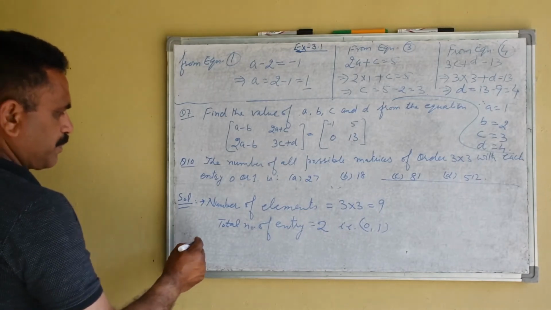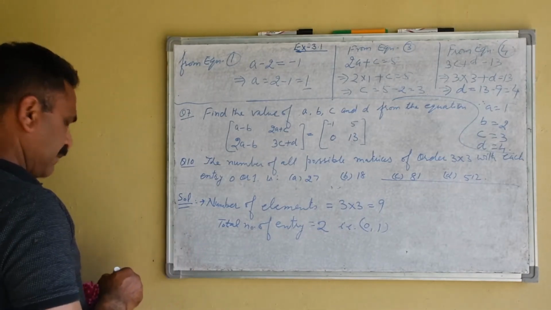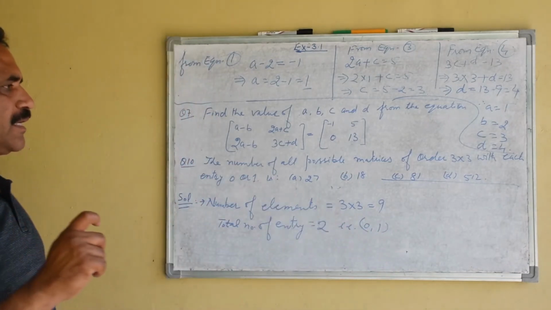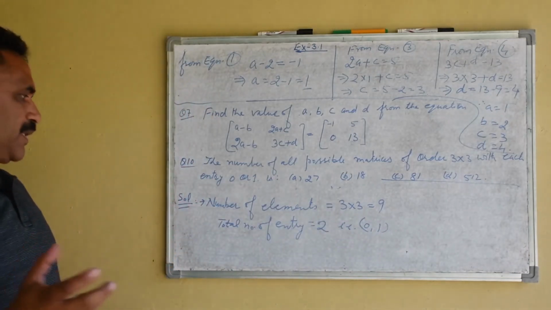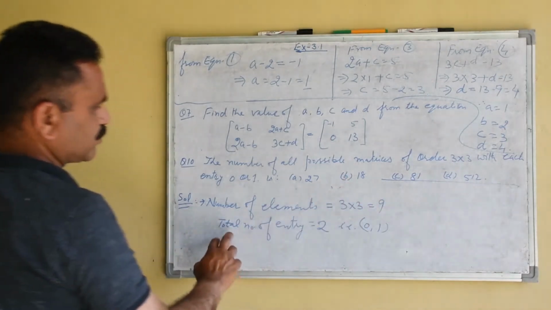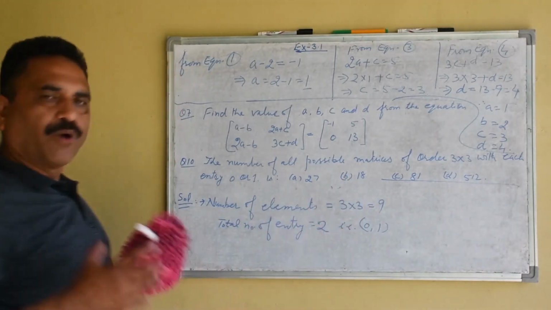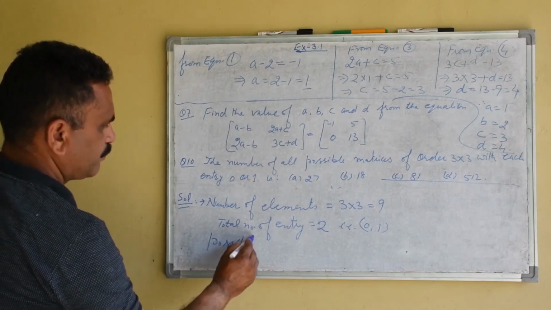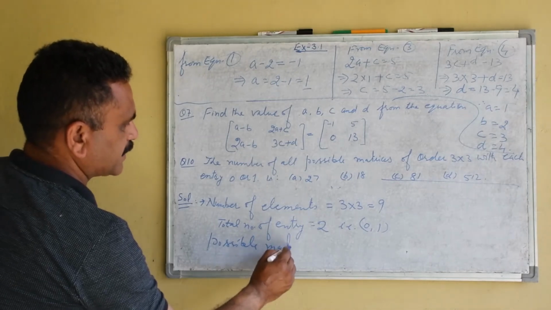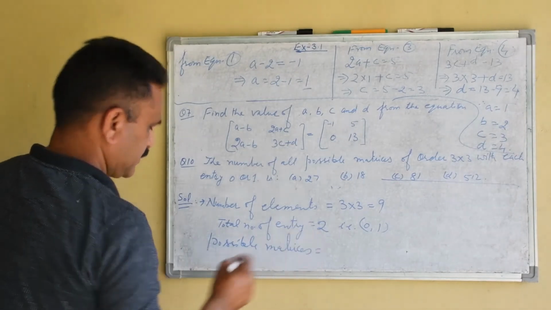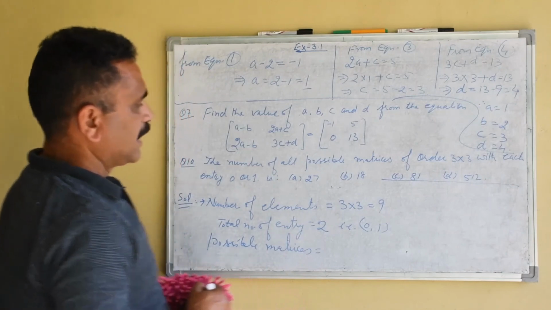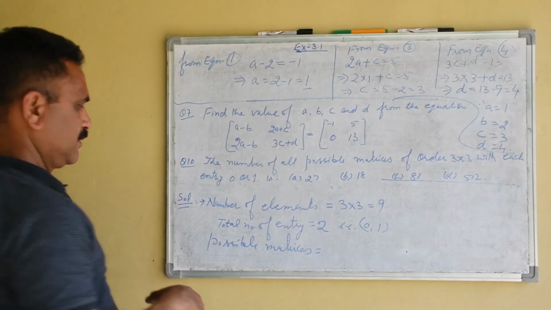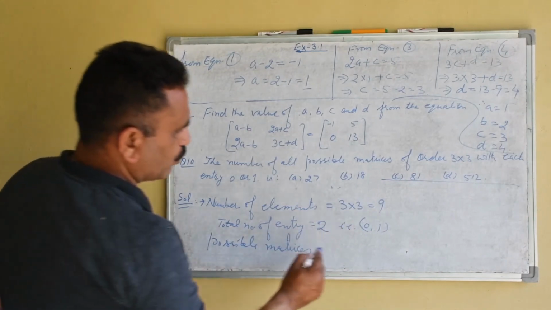Now we have to place these two digits, 0 and 1, at 9 places. So the number of elements is 9 and the total number of entries is 2. So possible matrices or arrangements, we have seen it in arrangements, that is permutation, in our previous standard.